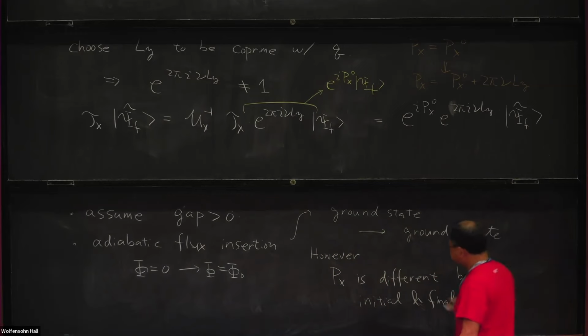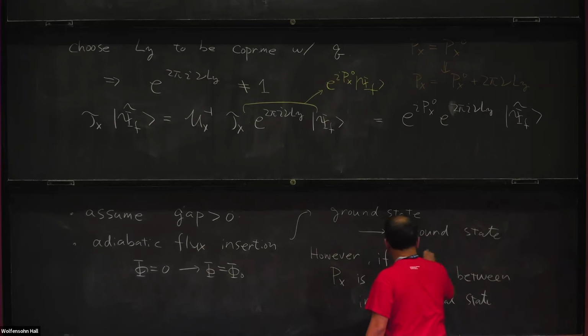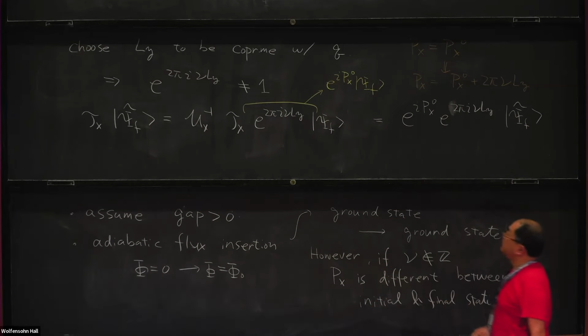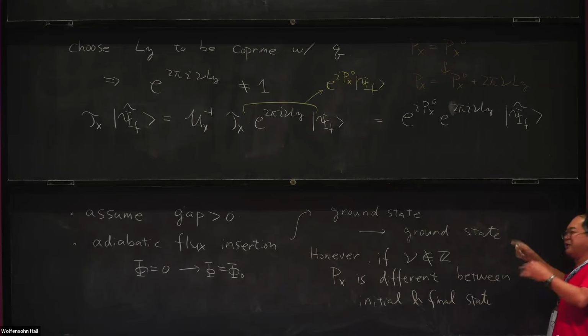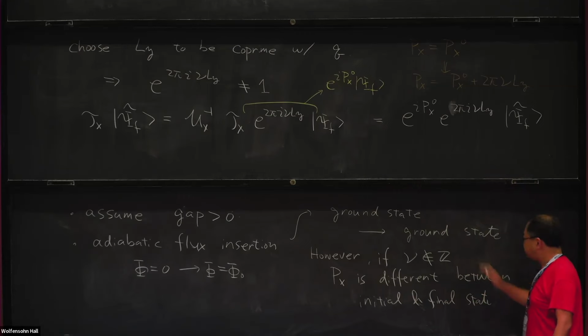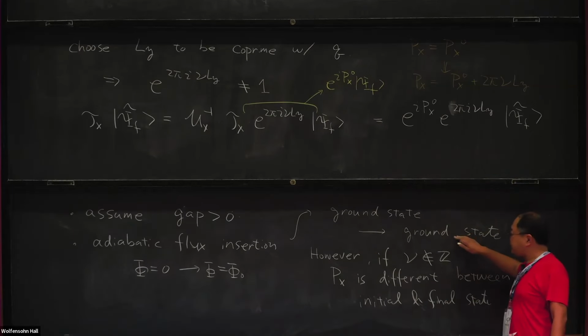Of course, it also depends on the choice of Ly, but I can choose Ly freely. So if nu is, let's say, 1/2, I can choose Ly to be odd integer, and so on. Then, by appropriate choice of Ly, I just showed that the final state has different momentum compared to the initial state. That means that the final state must be different from the initial state.